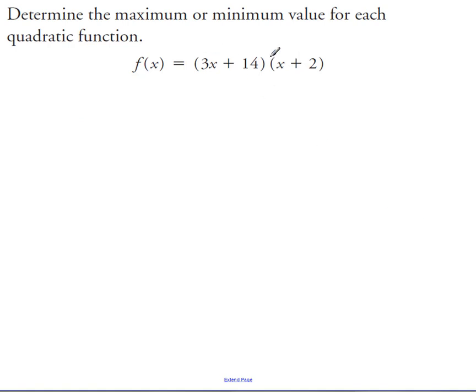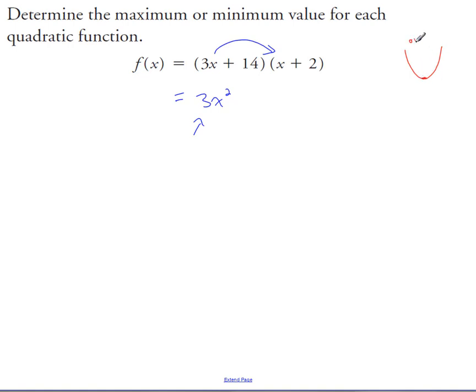So the first thing I notice is that when I multiply all this through, my x squared term, I'm not actually going to do it all, but if I multiplied 3x times x, I'd end up with 3x squared. So that is a positive number, and what that tells me is that my quadratic opens up, right? So the vertex is going to be right here.